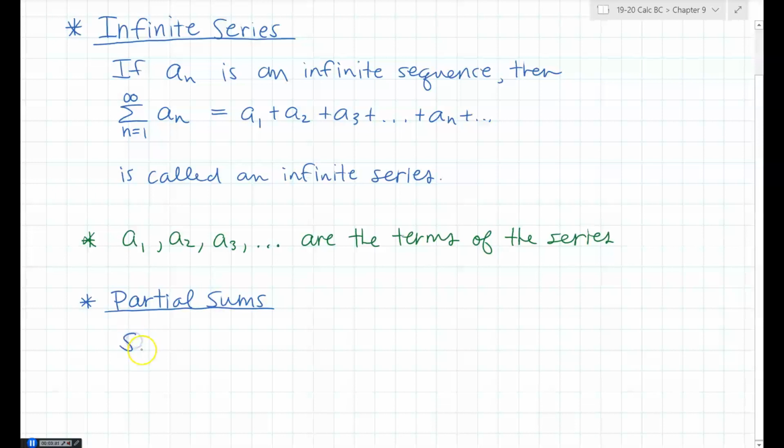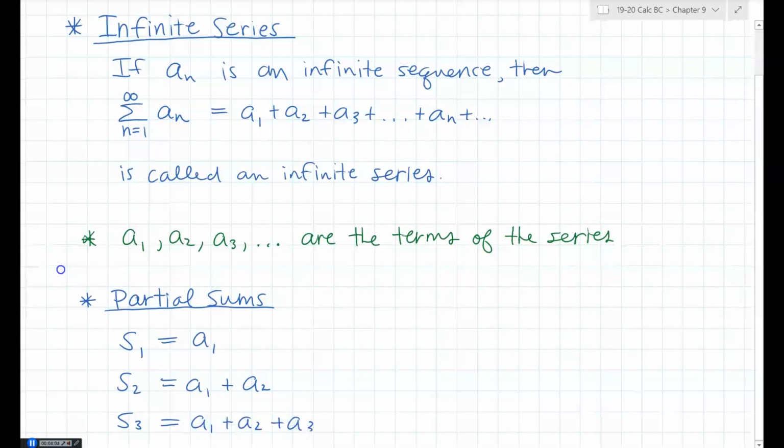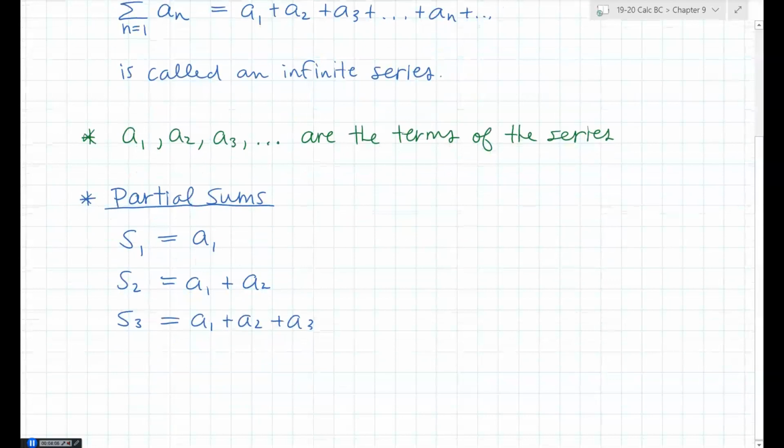So S sub 1, big S sub 1, means just add the first term. Well, that's kind of ridiculous, right? You just basically take the first term and that's it. S sub 2, you would get a sub 1 plus a sub 2. S sub 3 would be a sub 1 plus a sub 2 plus a sub 3. They'll always want to know, what's the nth partial sum, right?